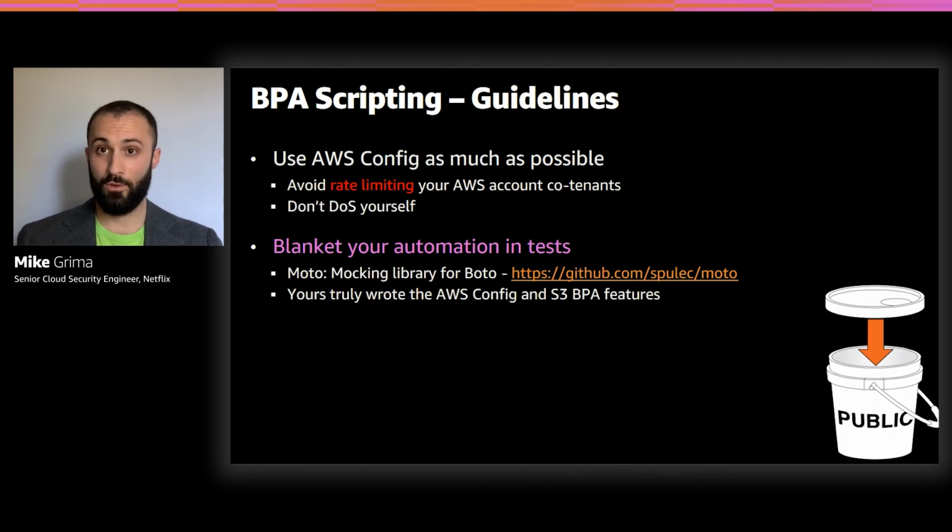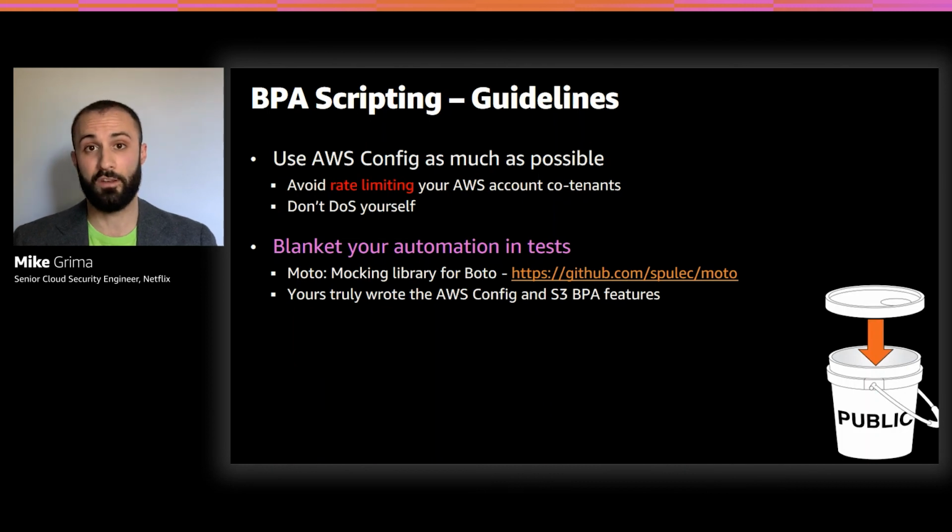AWS will rate limit you if you make too many API calls too quickly. And if you get rate limited, that not only impacts your automation's ability to do work, but it will also impact all of the tenants in your environment as well. So if you have an AWS account with other automations that are running, that are making AWS API calls, if you get rate limited, you will rate limit them also. So you could potentially do a denial of service on yourself by doing that. So that's something you do not want to do.